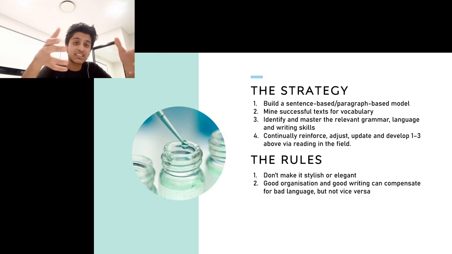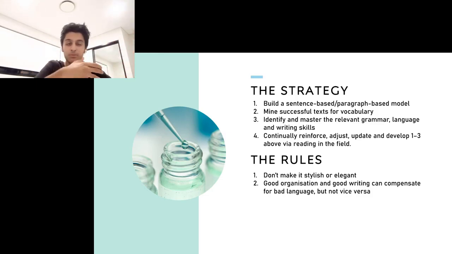That's just going to make you sound dumber, right? Because that's something we've said before. So if you're going to try making it stylish or elegant, the reader might think this is a waste of time, and they might leave your paper.